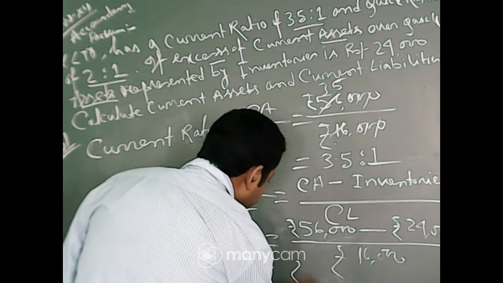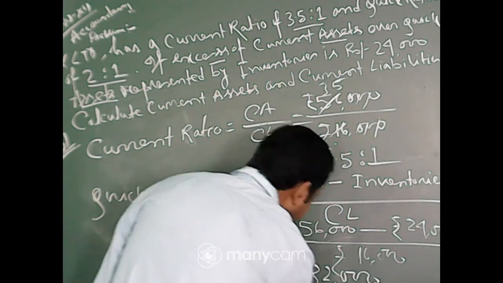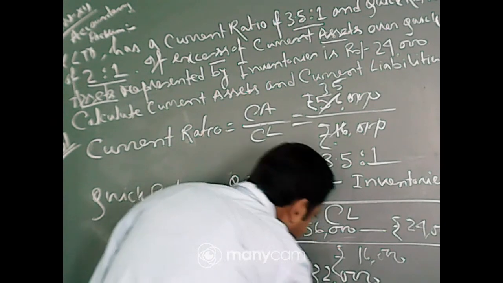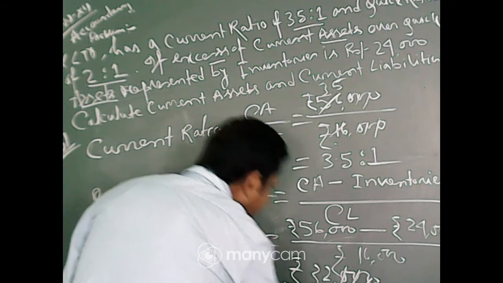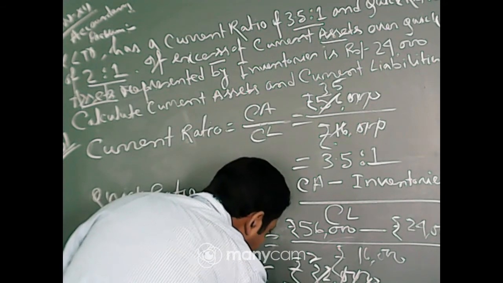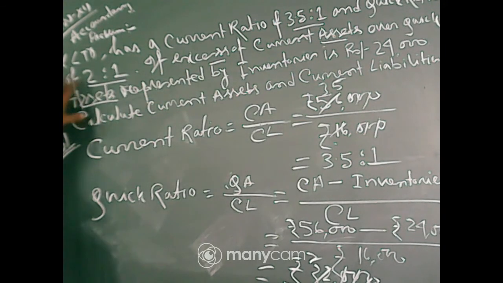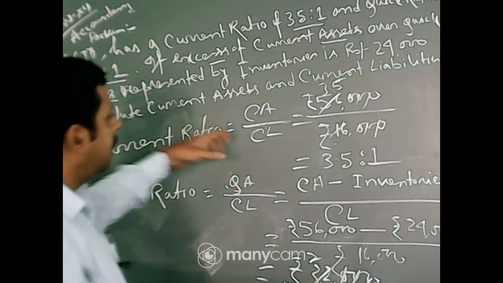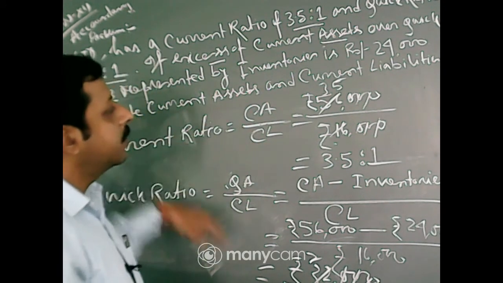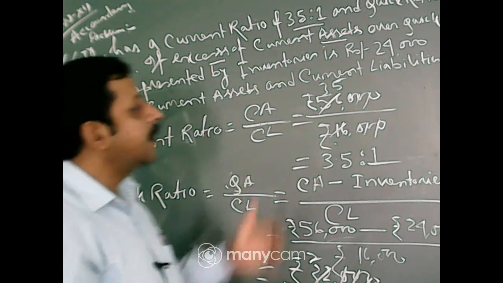Now deduct it, that comes to 32,000, and that will come same, 16,000. So 2 means 2:1, and in your problem you can see the quick ratio is 2:1. So with the data, the values we found are actually right.